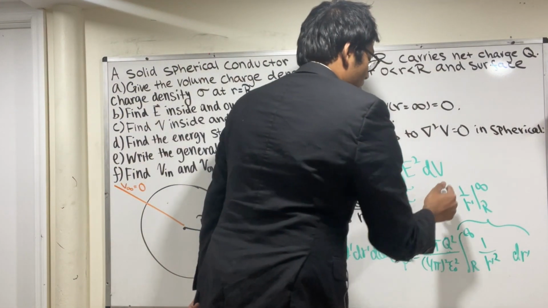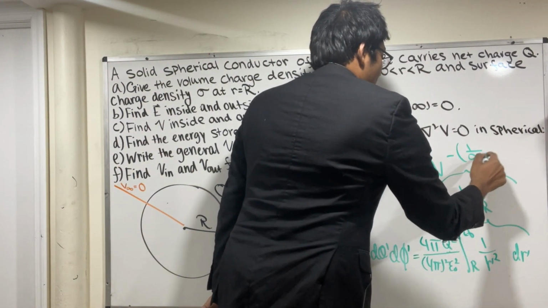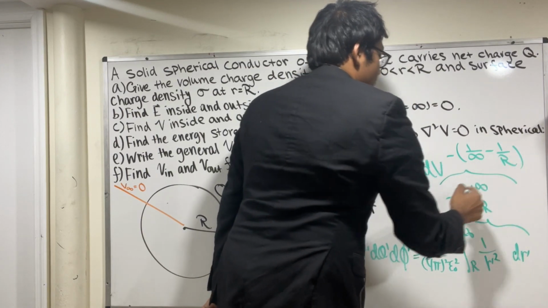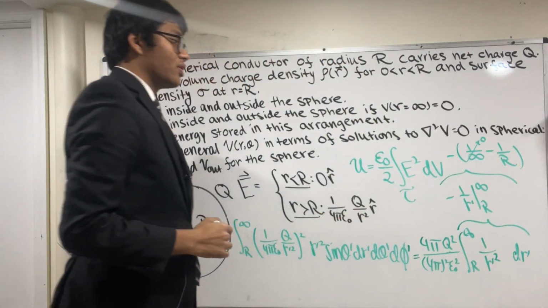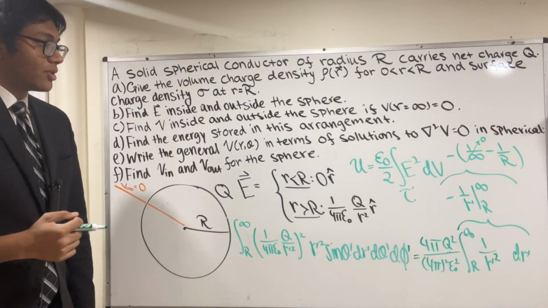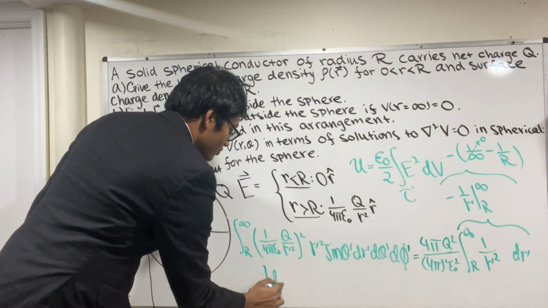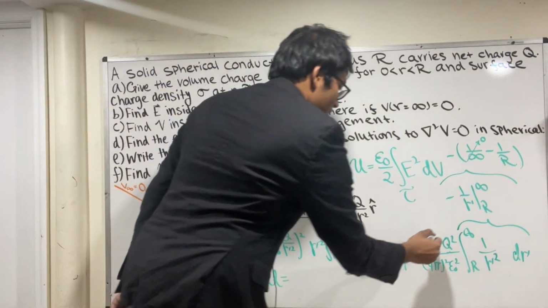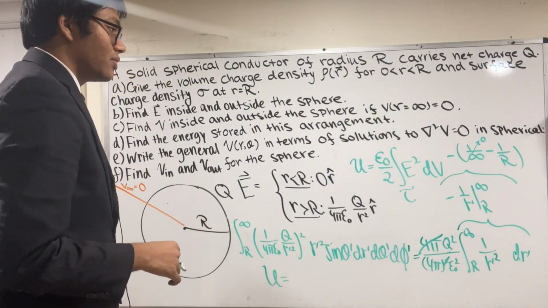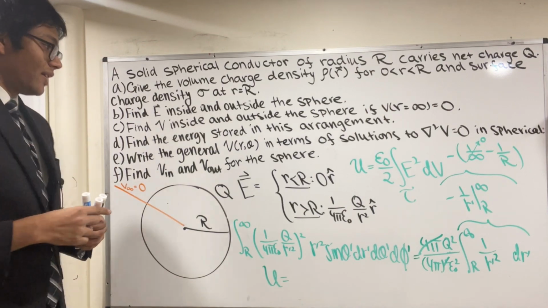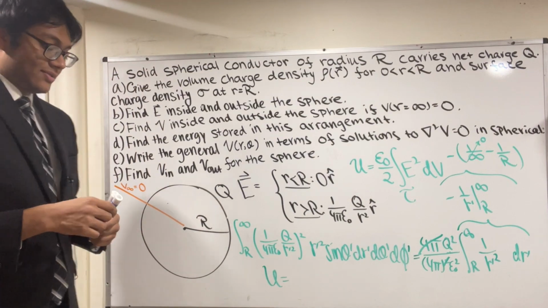Minus 1 over r prime evaluated from capital R to infinity. Well, let's plug in our limits, shall we? This is going to be negative 1 over infinity minus 1 over capital R. Well, 1 over infinity is simply 0, and minus 1 over capital R is simply 1 over capital R, positive. So this is going to give us the total energy for our electrostatic arrangement, where this 4 pi and this 4 pi squared cancel out. So what are we going to be left with? Silly me, I forgot that there was a factor of epsilon naught over 2 on the outside.